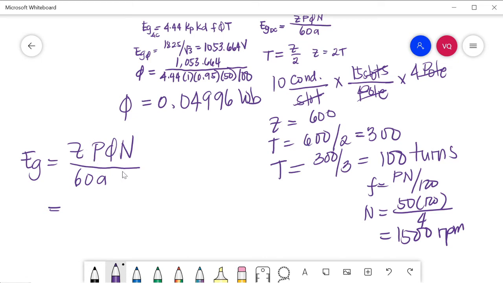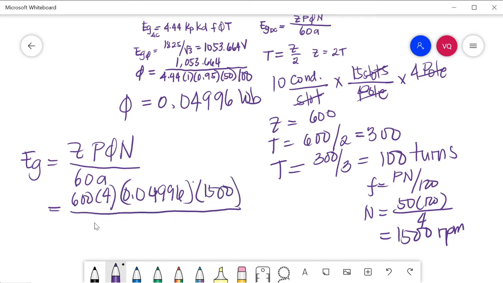Our number of conductors is 600 times number of poles is 4 times flux per pole is 0.04996. Speed is equal to this one. Frequency is equal to Pn divided by 120. So speed is 50 times 120 divided by 4 equal to 1,500 RPM divided by 60A. A is mP. So multiplicity is 1. Number of poles is 4.